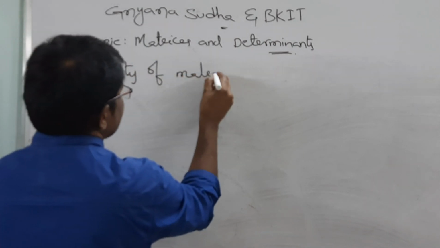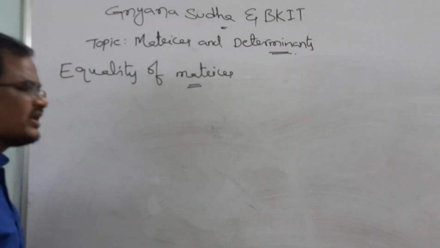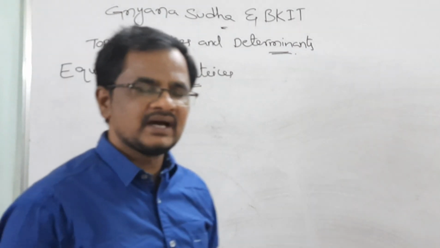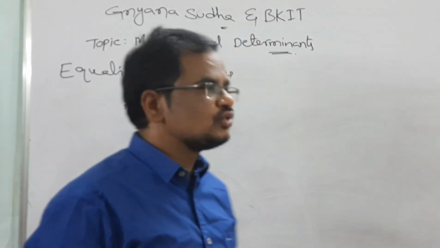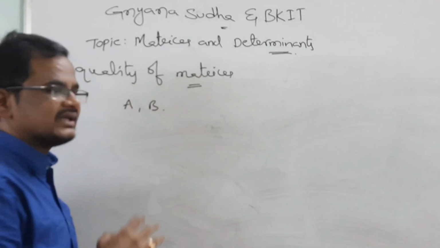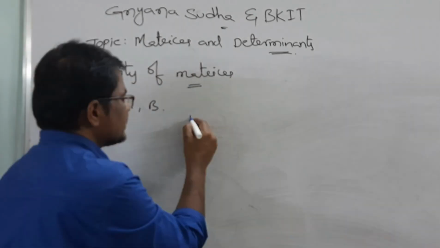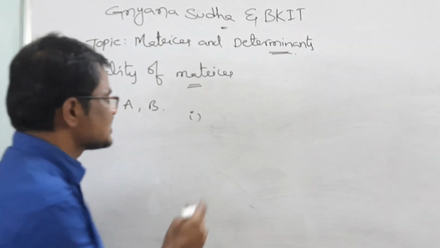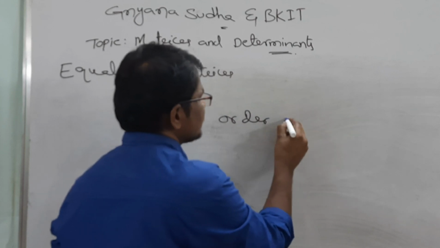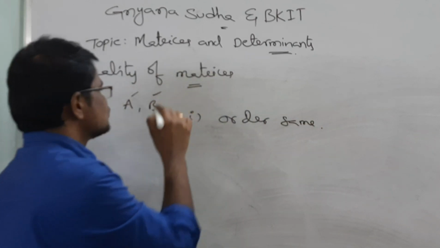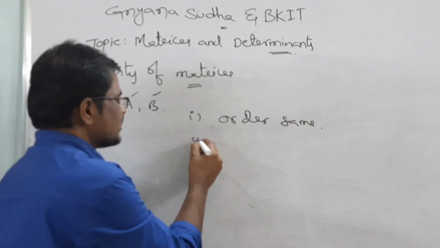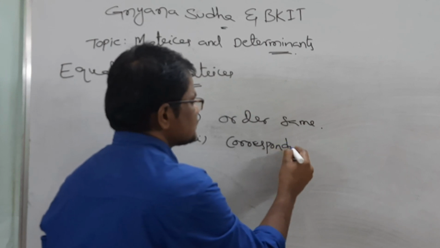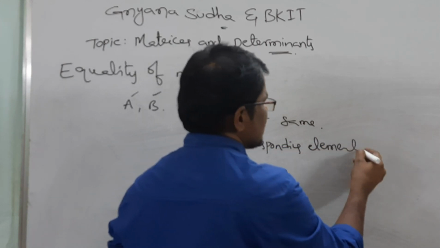Equality of matrices. When can we say two matrices A and B are equal? Two matrices A and B are equal if they satisfy two conditions. One is that the order should be the same, and the second one is that their corresponding elements should also be the same.